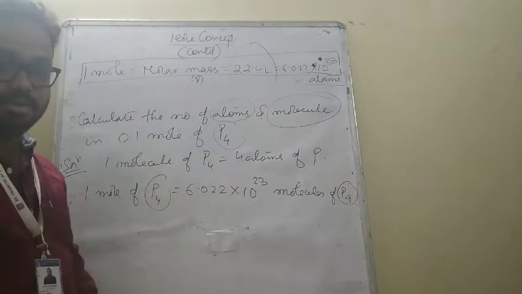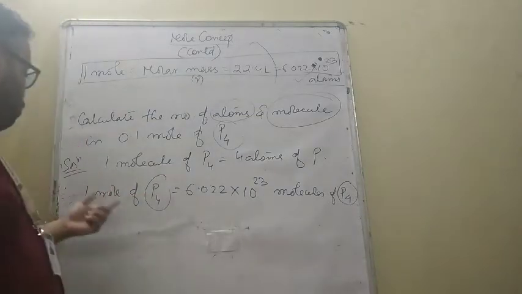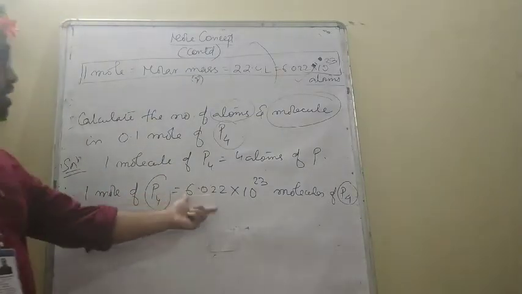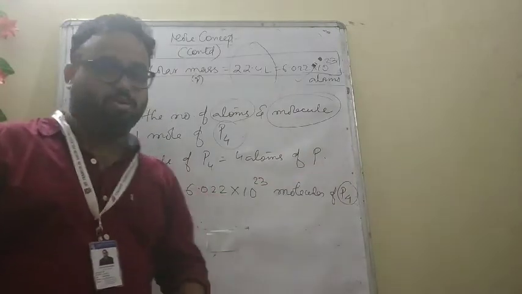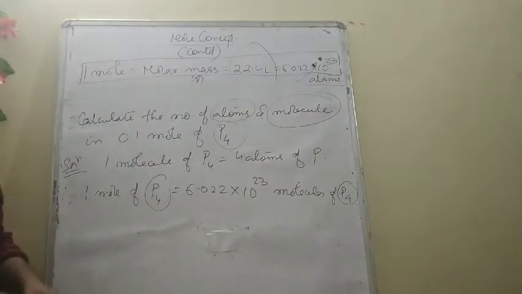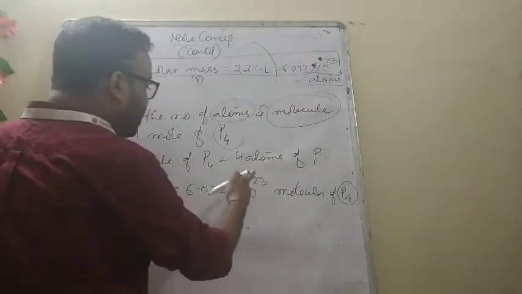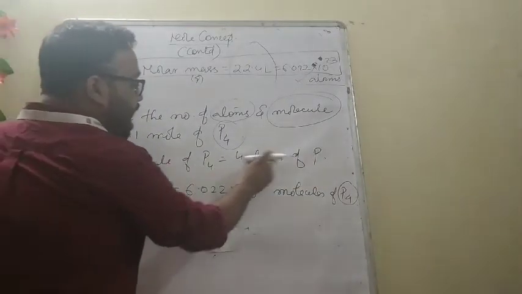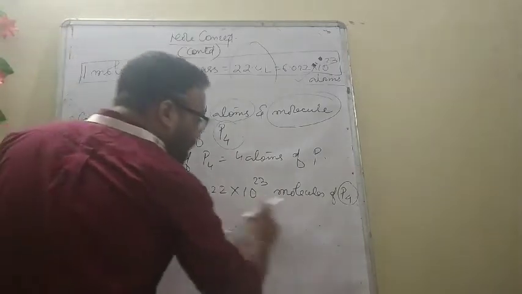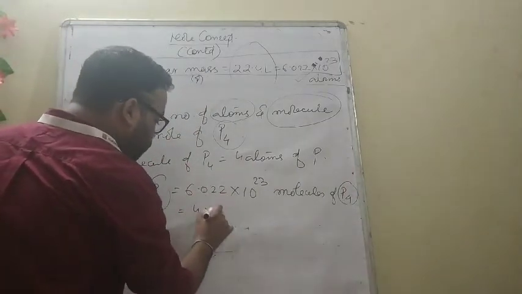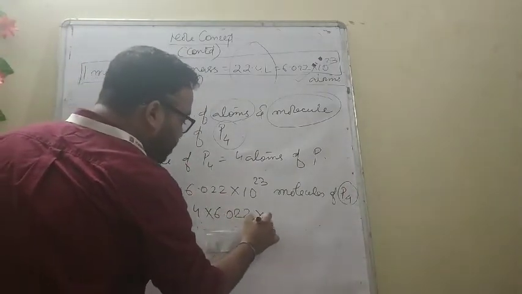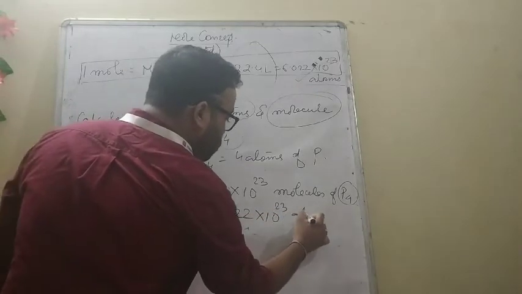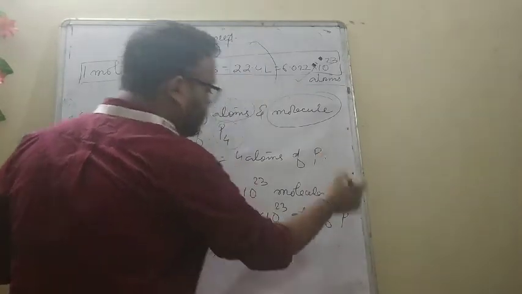P4 का पूरा. 1 mole of P4 has this much molecules of P4. I have taken P4 now. So, but if I talk about P, then एक molecule में 4 atom of P है. तो इतना molecules में 4 into this much atoms of P is there.